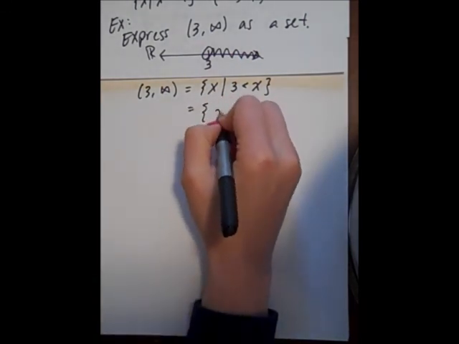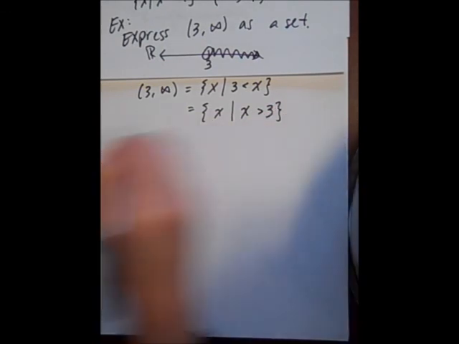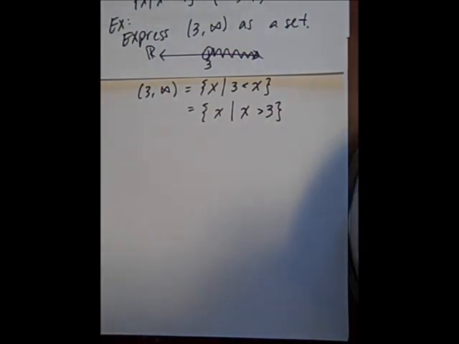So this is x greater than 3. If you want to write this a little bit easier, you could say this is all x such that x is greater than 3. That's how you would write this as a set. So set and interval notation are very similar. You can do either one of them. It doesn't necessarily matter which one you do. You just want to be comfortable with both of them.